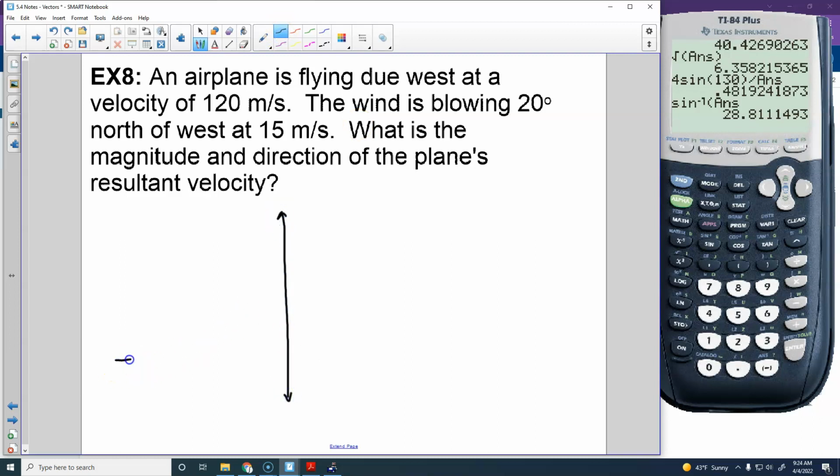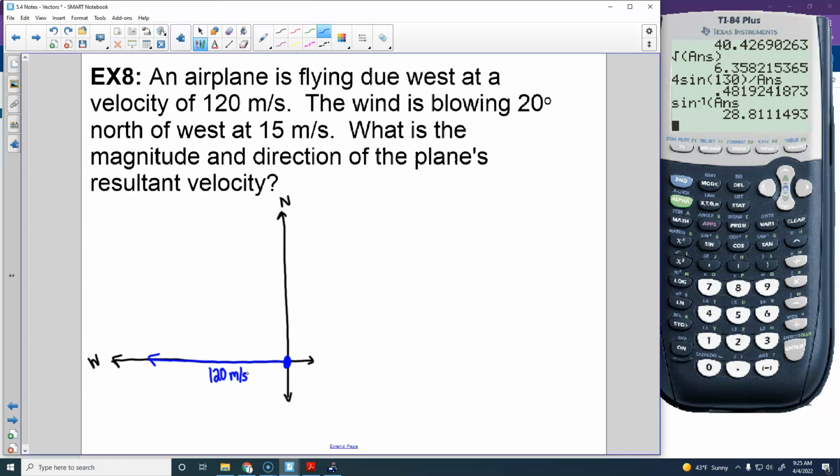Try to get that west a little straighter there. It's a little better. Okay, so airplane west at 120 meters per second. That speed is going to be my magnitude. I'm going to represent it by the length of that vector, so I want to make it fairly long.